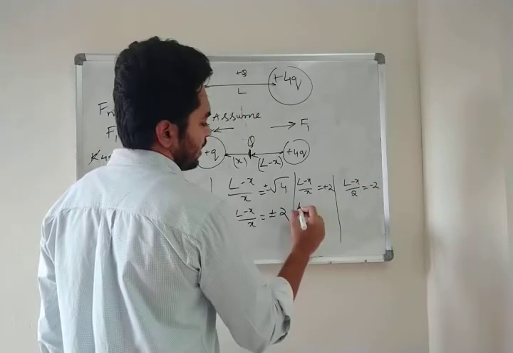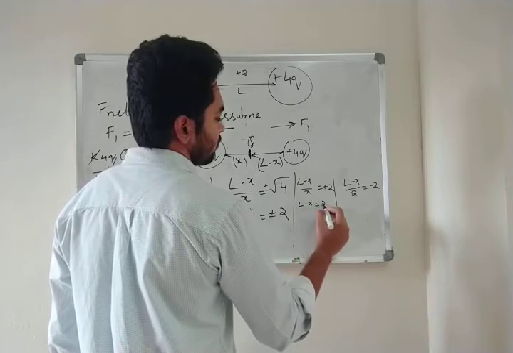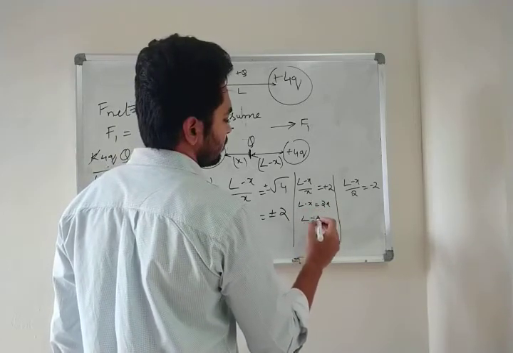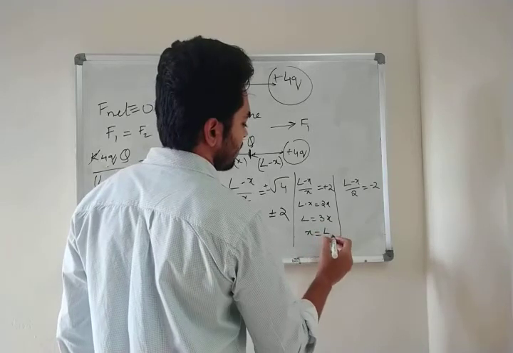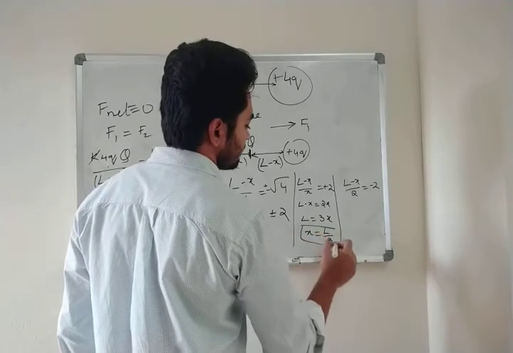So L minus x equal to 2x, L equal to 3x, and x will be directly L by 3. X is L by 3.